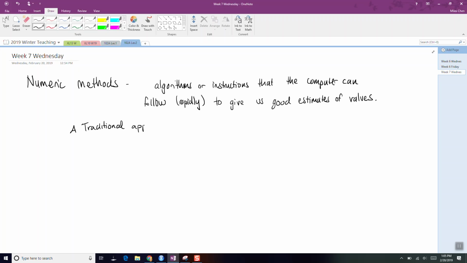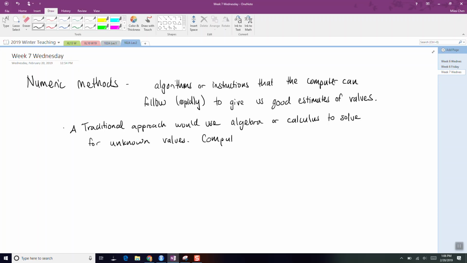A traditional approach would use algebra or calculus to solve for unknown values. Instead, we will employ some kind of numeric method to give us a good estimate.